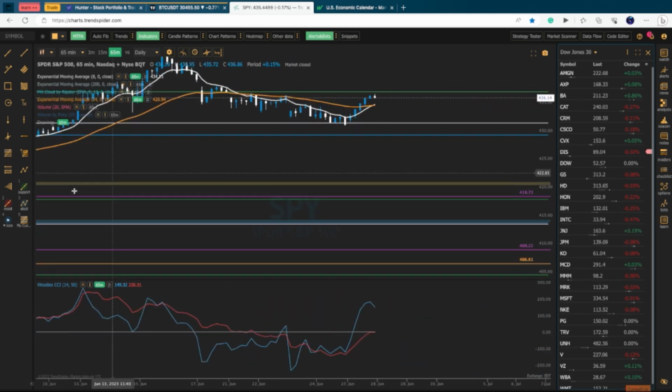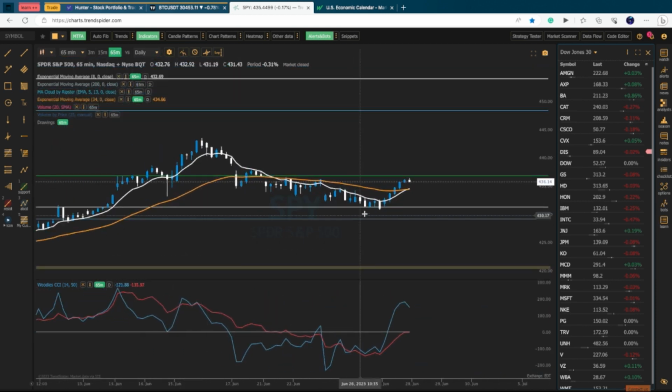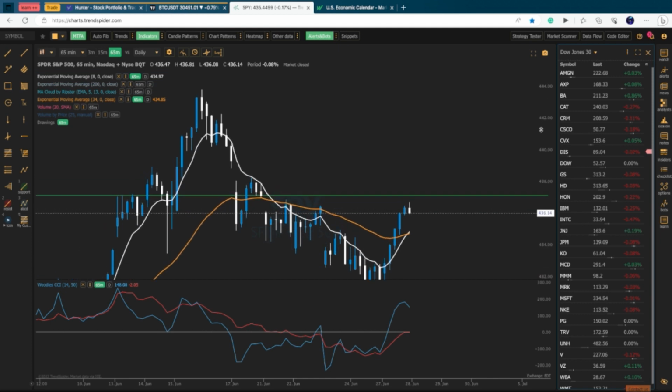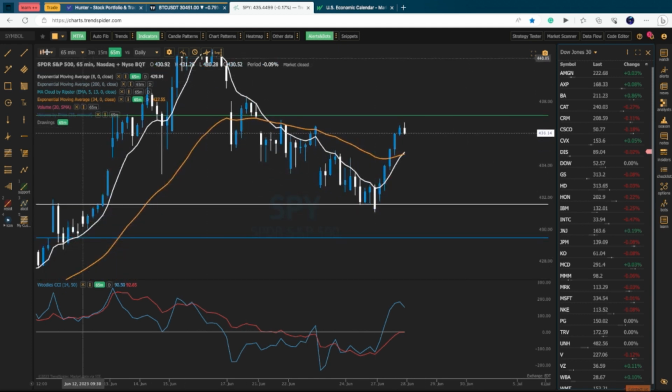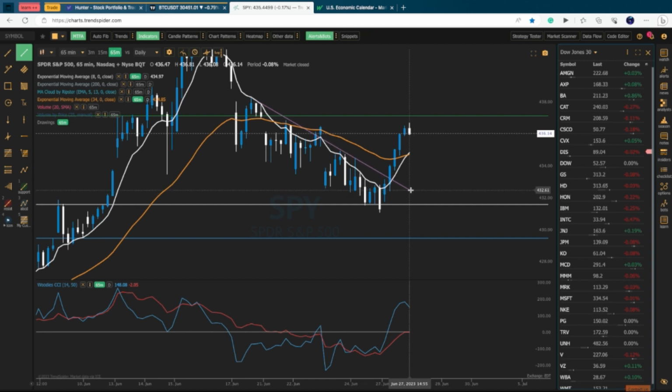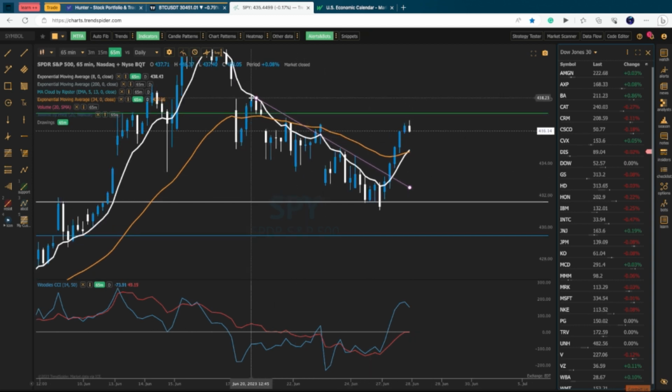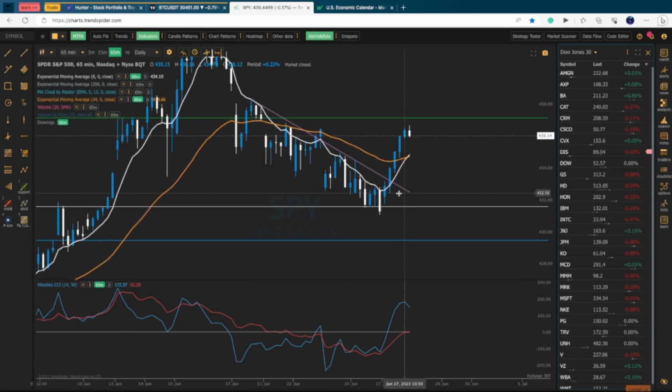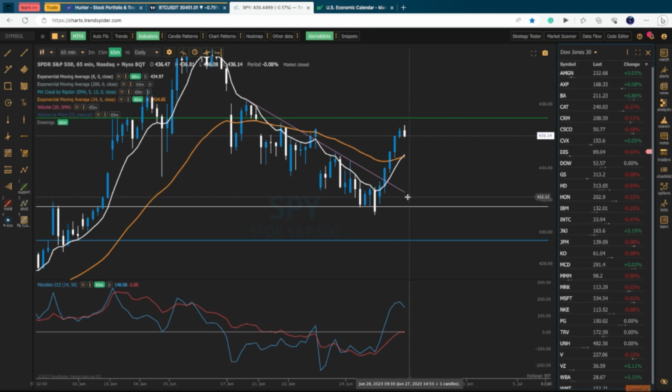We were watching this descending wedge. So come through the line, and then I was watching these wicks. Watching the wicks. And then coming down here.